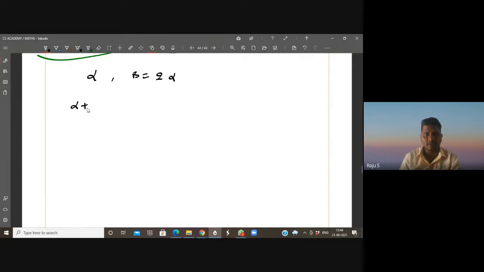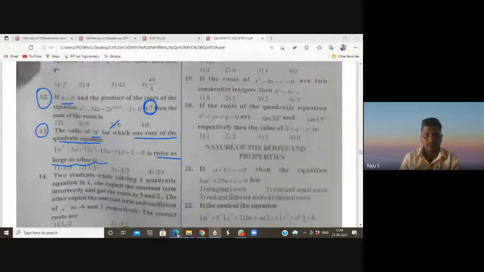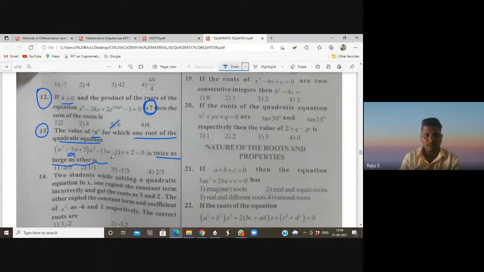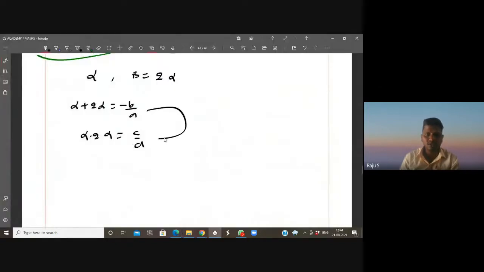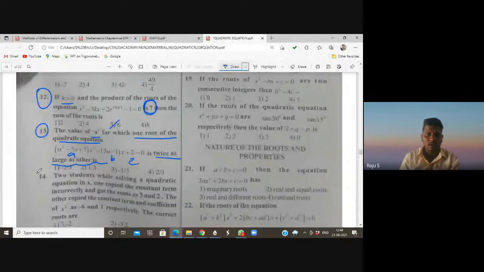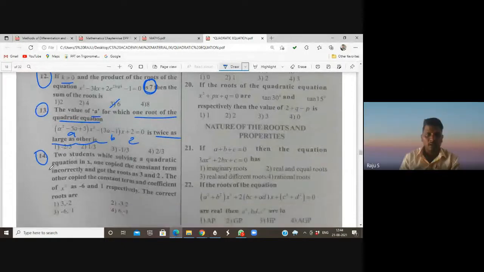So sum becomes alpha plus 2 alpha is equal to minus b by a. You can take alpha into 2 alpha as c by a, because the given quadratic is in the form of ax square plus bx plus c. With help of these two conditions, you'll get the value. You can try that. Now question number 14 we will do.